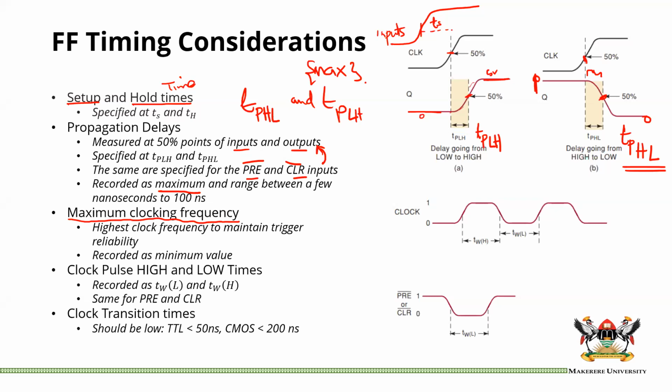But in this case, as opposed to the time component, you're going to record the minimum value. If I test 10 flip-flops, I will record the maximum frequency as actually the minimum of those 10 flip-flops. Why?